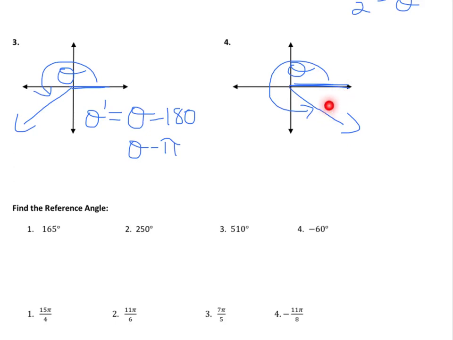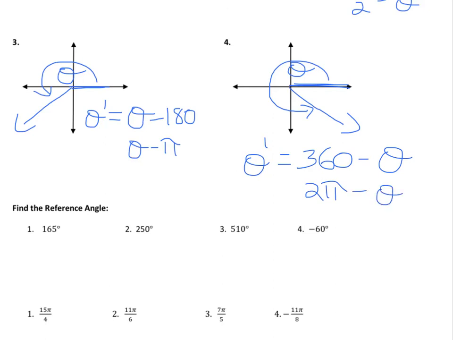To find that, if I go one revolution, it's 360, minus whatever this theta is. That'll give us that little sliver. So its reference angle, theta prime, is 360 minus whatever the angle is that's given. If you have it in radians, then it's 2 pi minus the angle that's given.